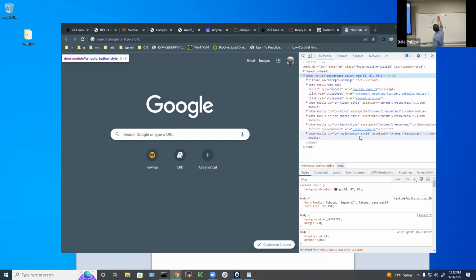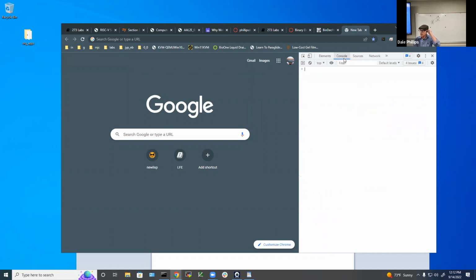Here's my Chrome browser. This thing is called V8. The V8 browser. Okay. This is where JavaScript runs. This is where all the magic happens in the world of Chrome. But basically, it shows you all kinds of neat little trippy things.